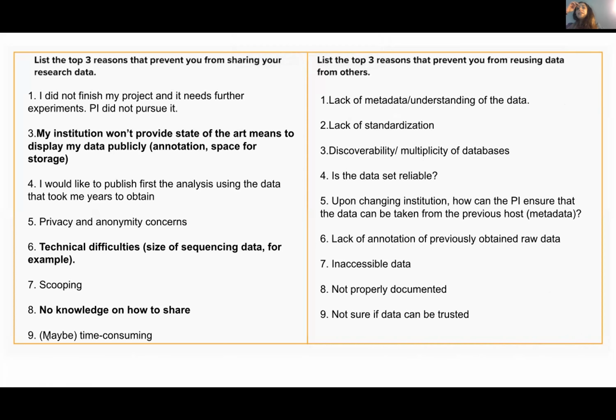And I highlighted these three because these are three areas where biodata can help you and provide you with the tools that you need to answer this aspect.